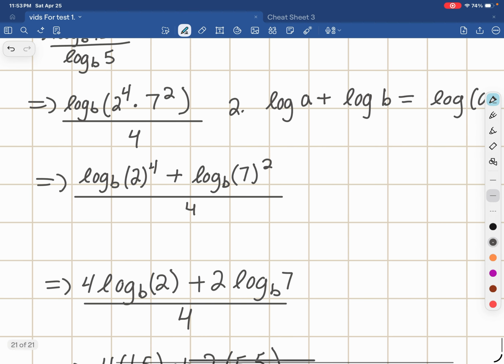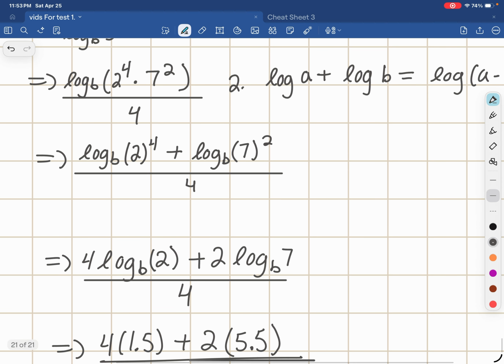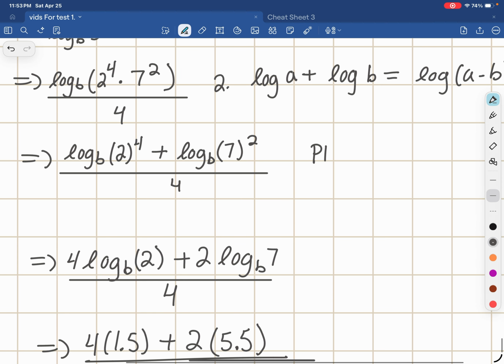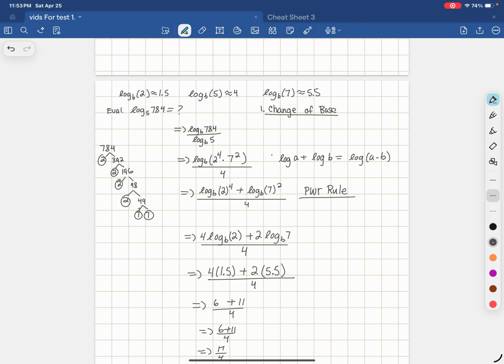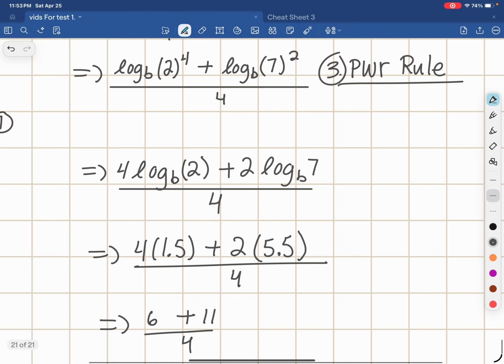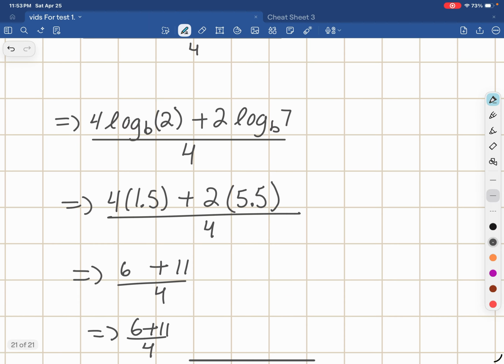Now looking at our next rule, we just used the power rule. And then we just solved algebraically after we used the power rule.